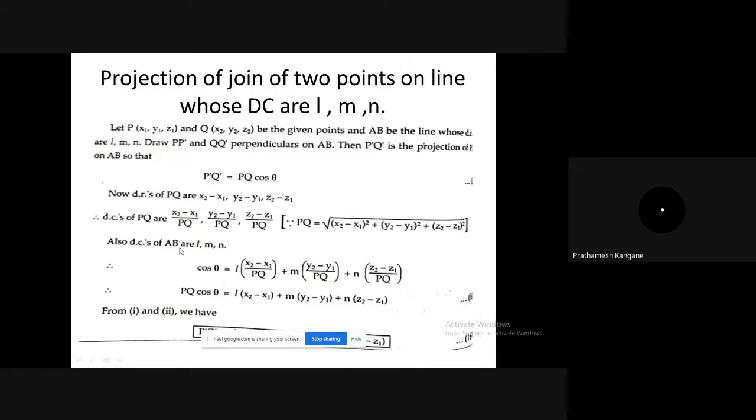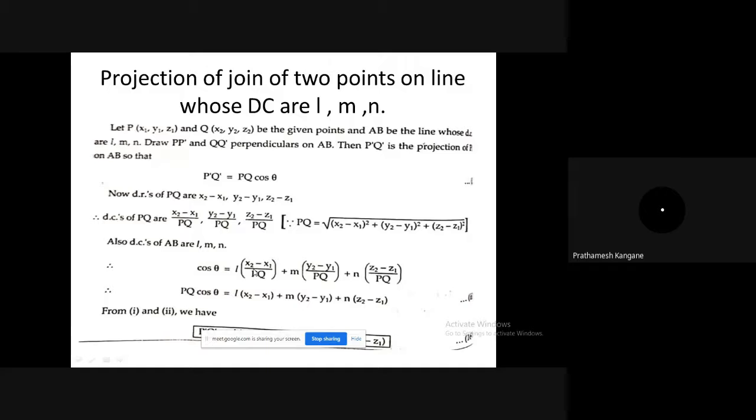Also, DC of AB are given as LMN. So cos theta will be A1 A2 plus B1 B2 plus C1 C2 upon under root A1 square plus B1 square plus C1 square into A2 square plus B2 square plus C2 square. Or we can say that cos theta will be L1 L2 plus M1 M2 plus N1 N2. Here L1 is L, and L2 will be x2 minus x1 upon PQ.